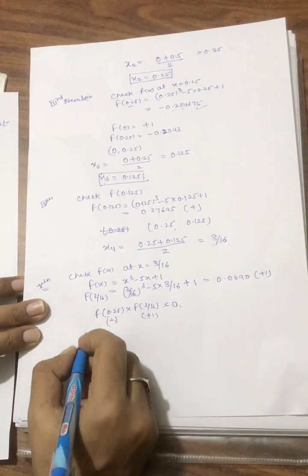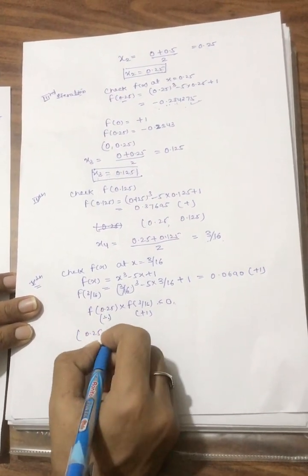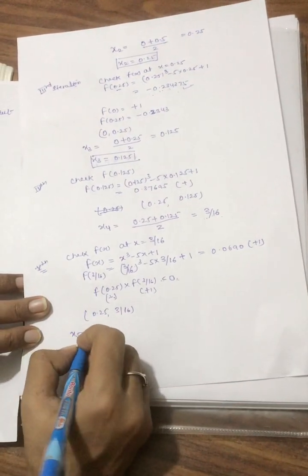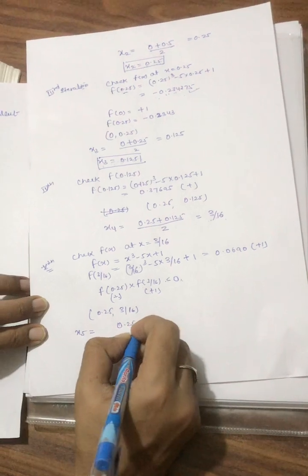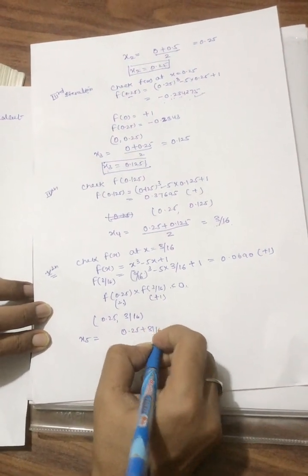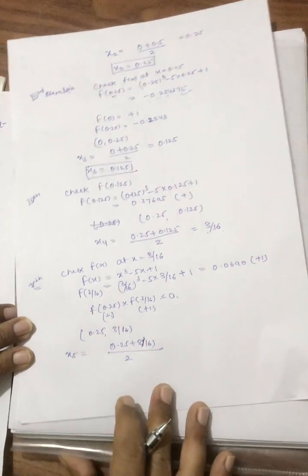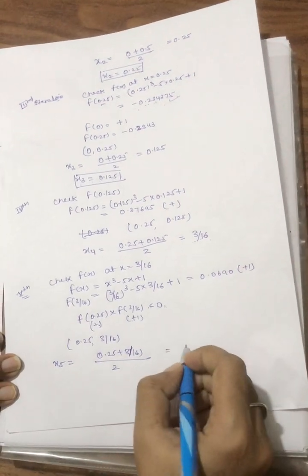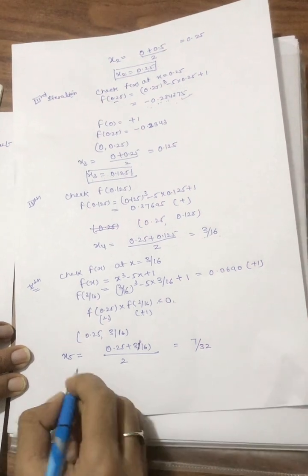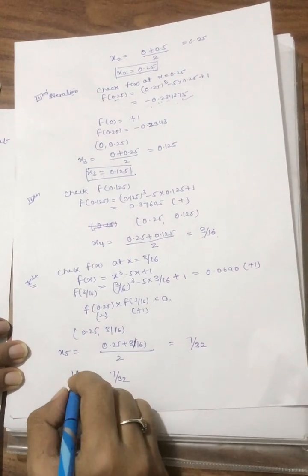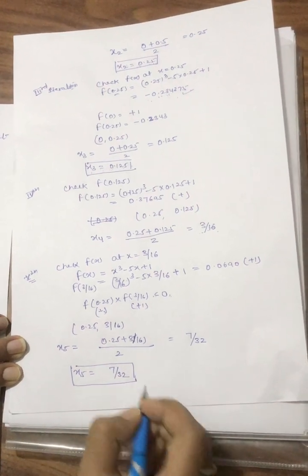So the new interval is 0.25 and 3/16, and your fifth iteration or fifth root is x5, which equals 0.25 plus 3/16 divided by 2, and your answer is 7/32. This means your fifth root x5 is equal to 7/32. This is the procedure of the bisection method.